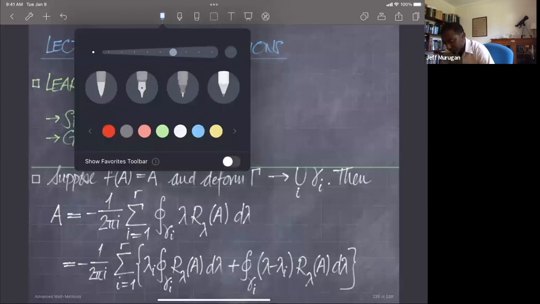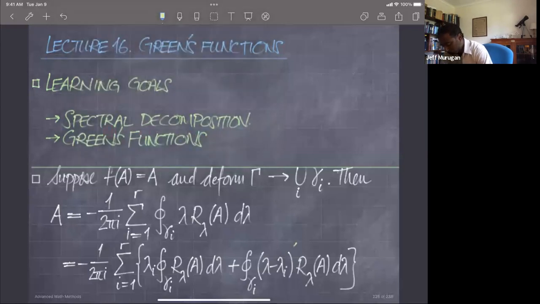So these guys, lambda i, are the poles in the lambda plane, the location of the poles of the resolvent in the lambda plane.